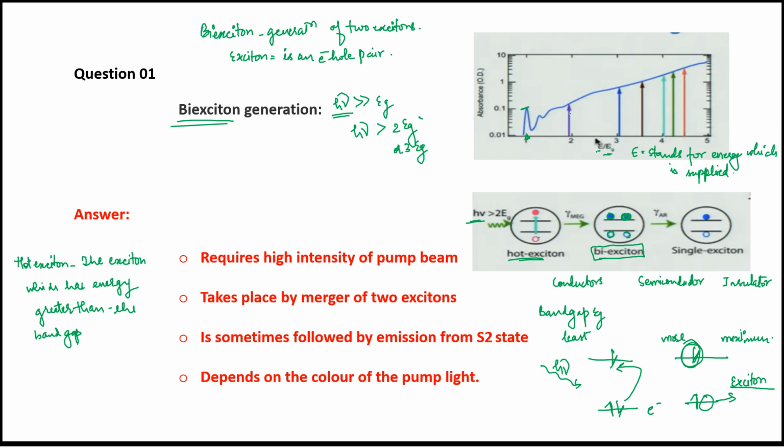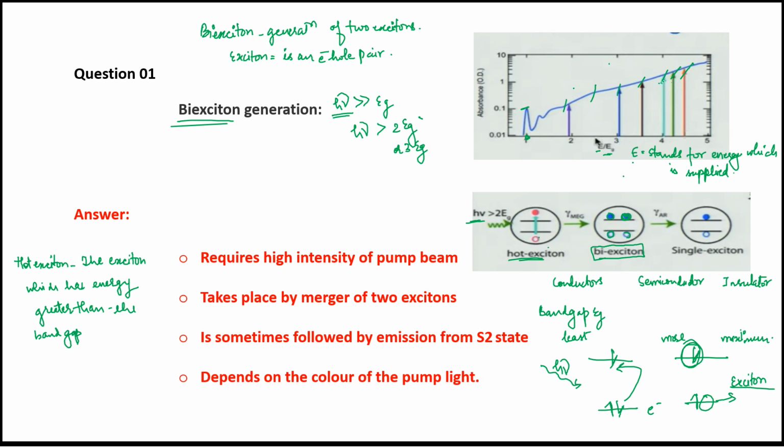And you will see there are small peaks coming at some places. What do these peaks indicate? These peaks indicate that there is some sort of absorbance happening at this position. And if the absorbance is happening, therefore the bi-exciton generation will happen.